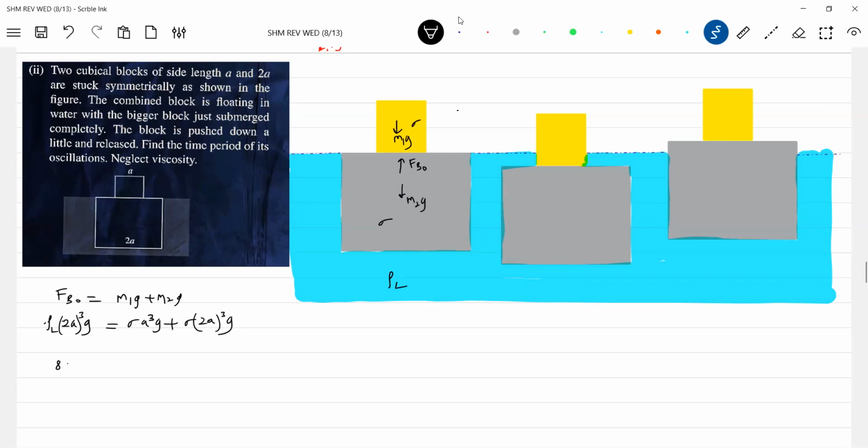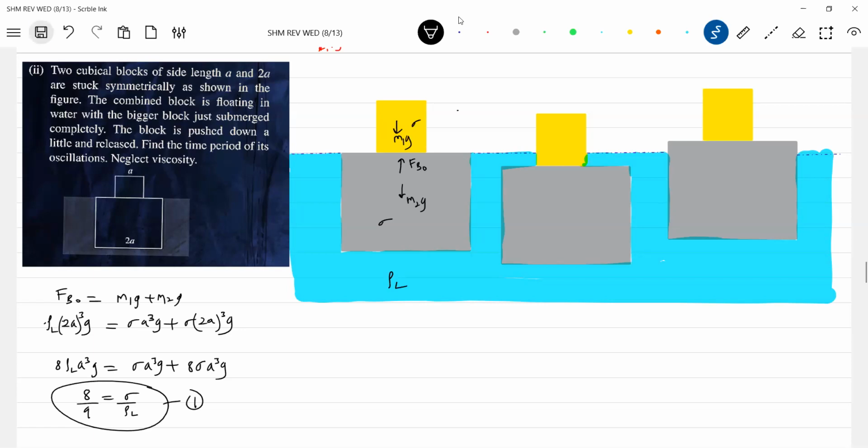So this will become 8 rho L, so sigma, this will be 8 by 9. Check once. If I'm right, I'll proceed. Density of solid by liquid, it's a water. No? Yeah. We'll take this equation 1.